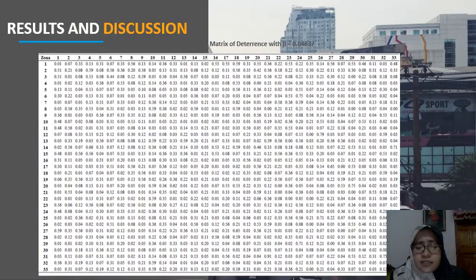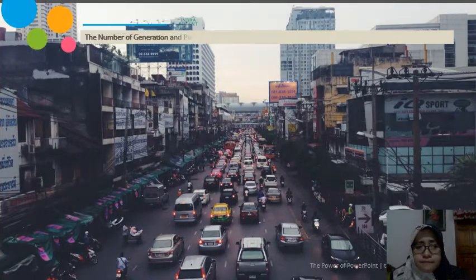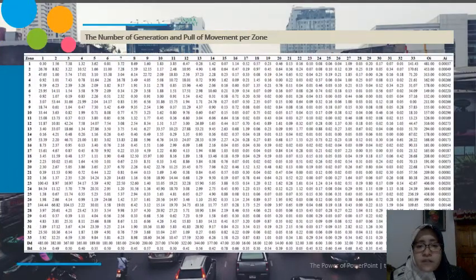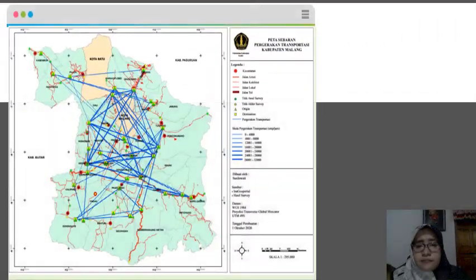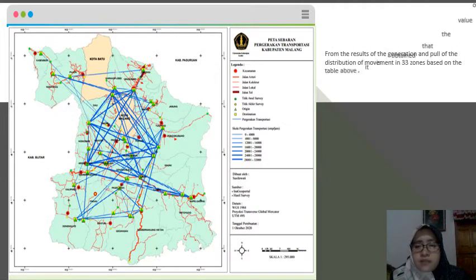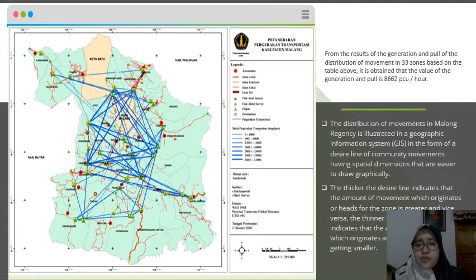Results and discussion. Matrix of deterrence with beta 0.0483. The number of generation and pull of movement per zone. From the results, the generation and pull of the distribution of movement in 33 zones are based on the table above.